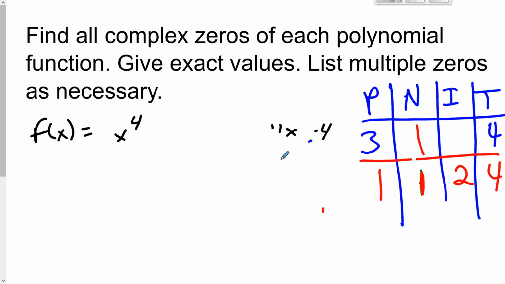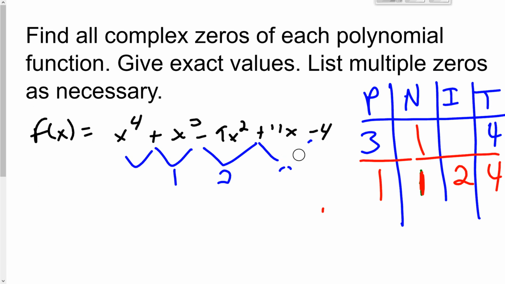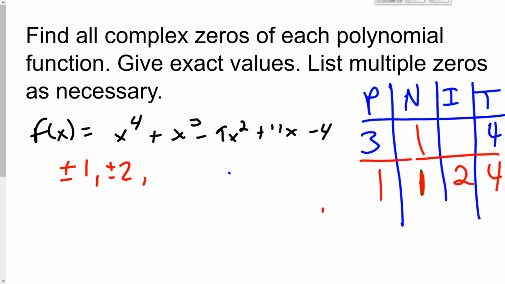So how this helps us as we're finding all the zeros is when we list our p's over q's, factors of -4, which is positive and negative 1, positive and negative 2, and positive and negative 4, divided by the factors of our lead coefficient, which is 1, so they're going to be the same.